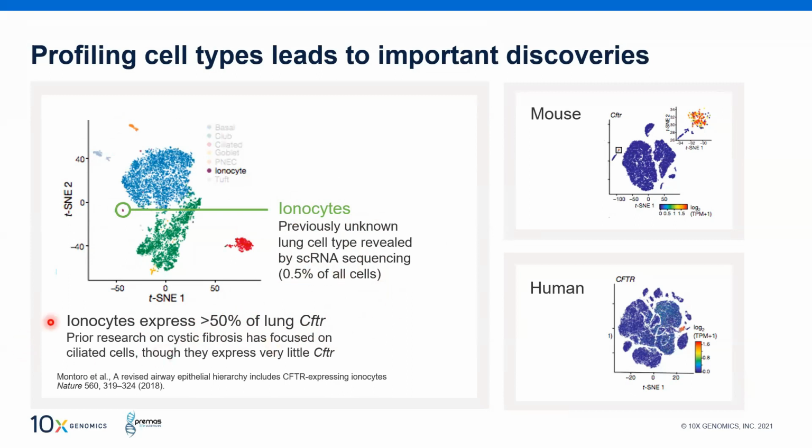So the whole story of the people who were doing the CFTR clinical trials or drug development, who focused on the ciliated cells, has now moved to this cell population, and they will now be focusing on this cell population to develop the drugs, because this is the expression center of those CFTR genes.